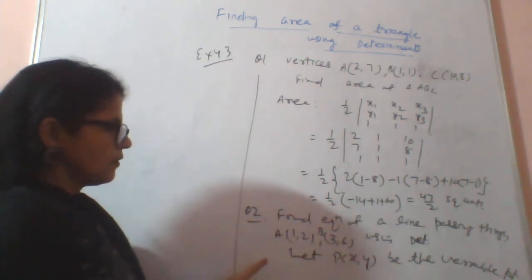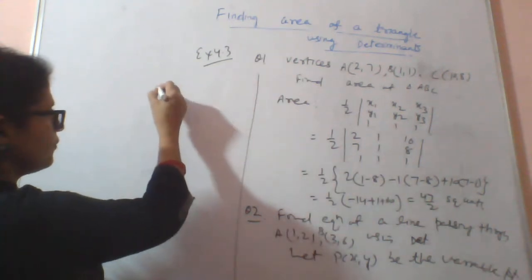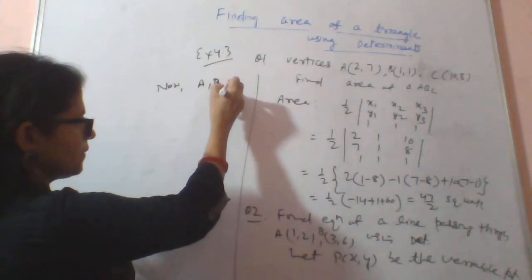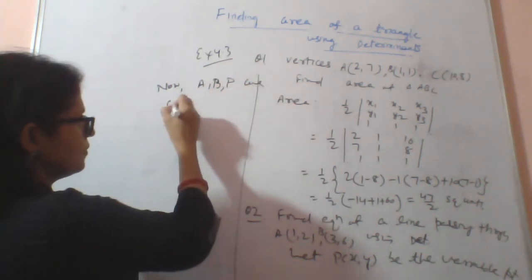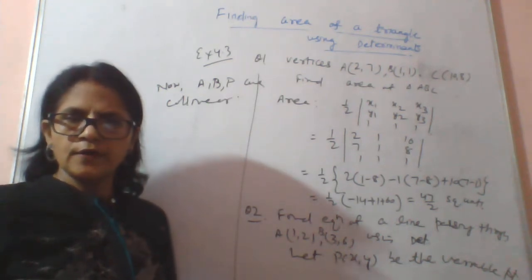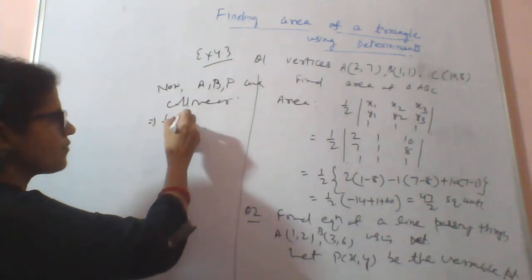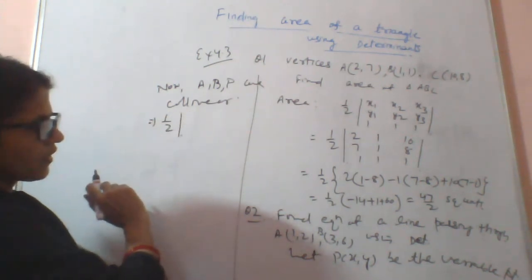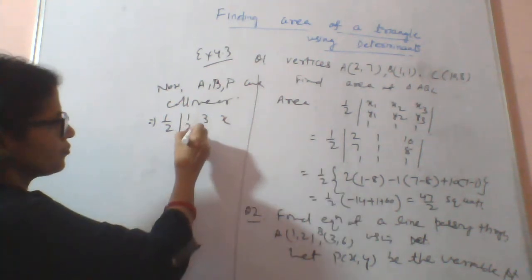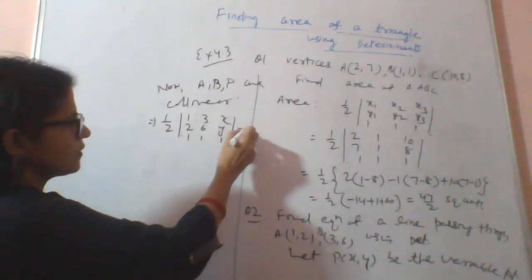It means you have A, B and P. Now A, B, P are collinear, which means the area of the triangle is 0. This implies half of the determinant 1, 3, x, 2, 6, y, 1, 1, 1 is 0.